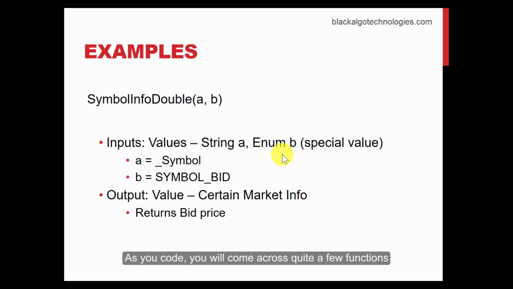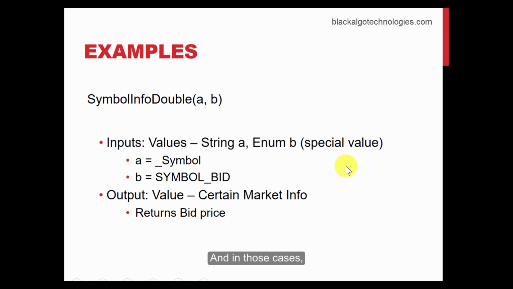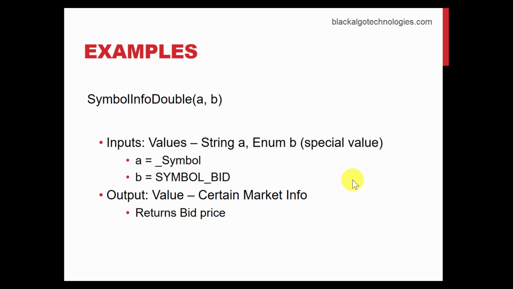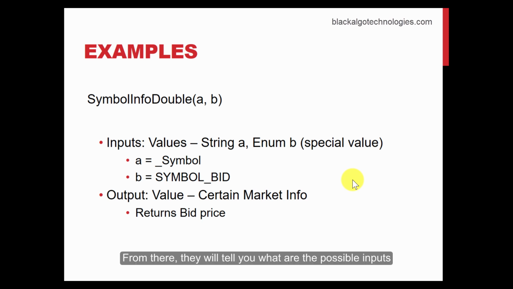As you code, you will come across quite a few functions that require enum inputs. And in those cases, you will go and check the documentation of your functions. So from there, they will tell you what are the possible inputs you can put for your enum value.